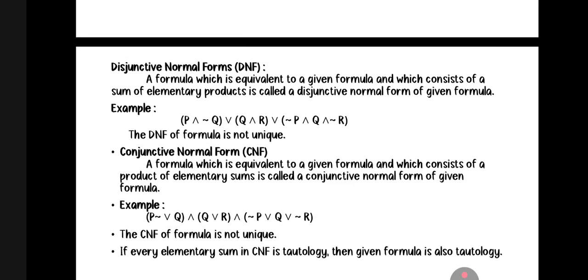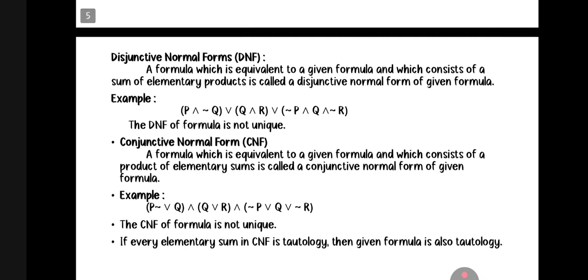The formula which is equivalent to a given formula and which consists of a sum of elementary products is called the disjunctive normal form of the given formula. The DNF of a formula is not unique.